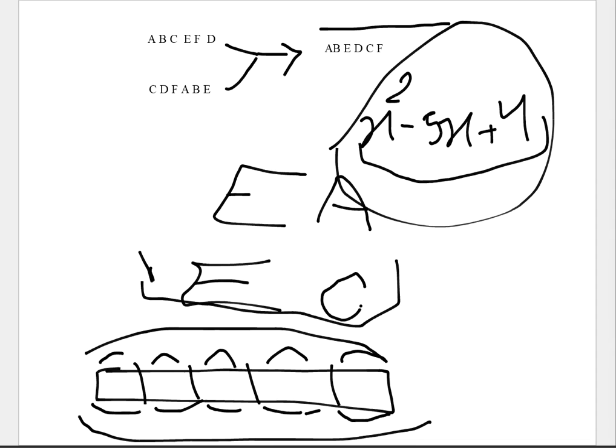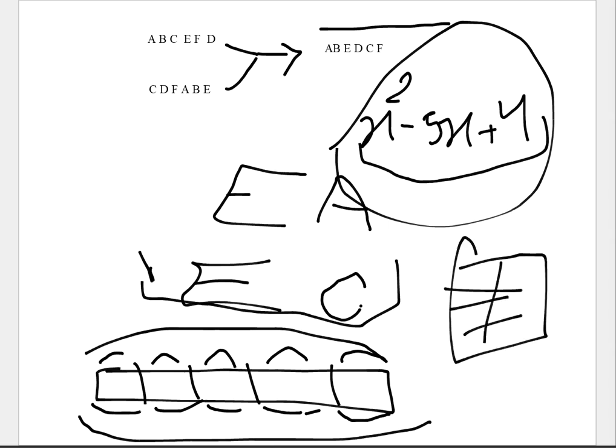Sometimes we have a problem with a mathematical solution that EC cannot solve. Sometimes we have a problem without a mathematical solution, but EC can solve it, such as the 8 queen problem. 8 queen is a problem that cannot be solved by a formula, but EC can solve it, or TSP.